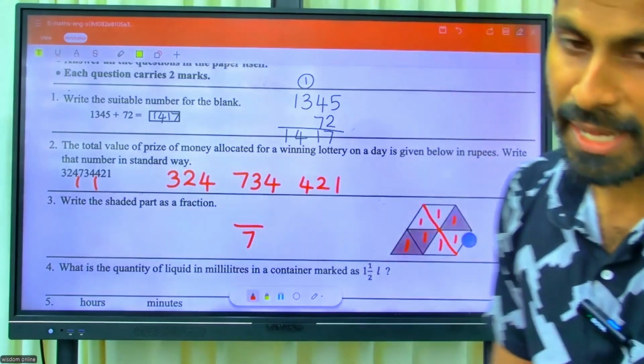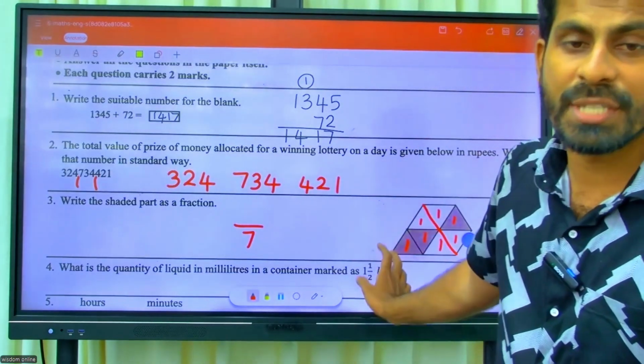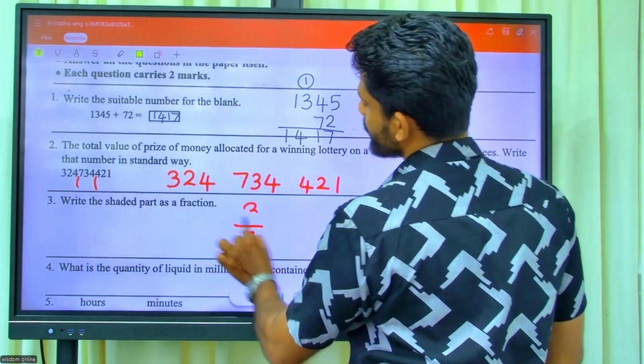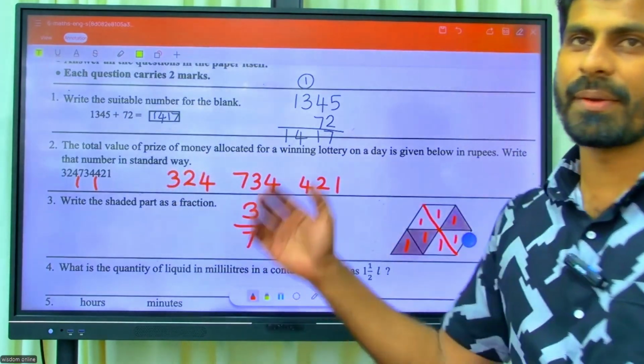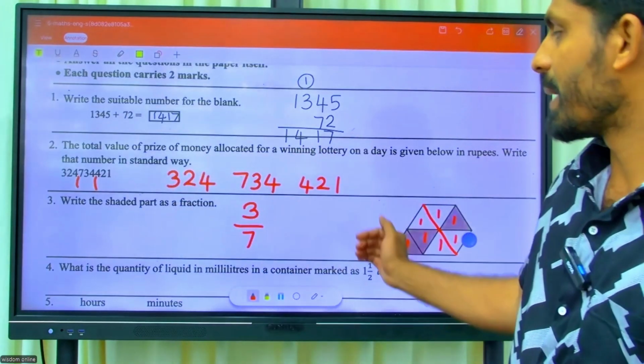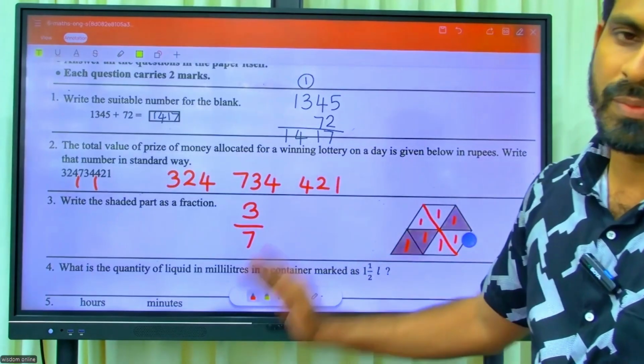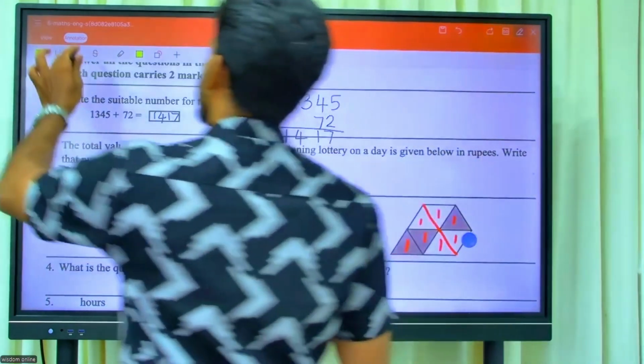How many parts are shaded? 1, 2, 3. 3 parts are shaded. 3 over 7. So that means what is the answer? 3 over 7.